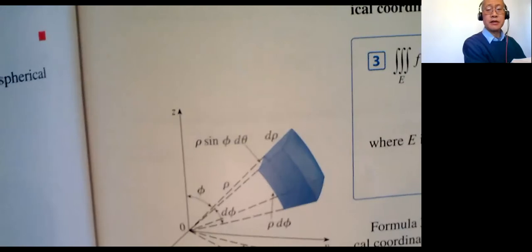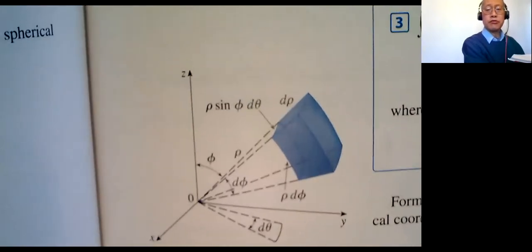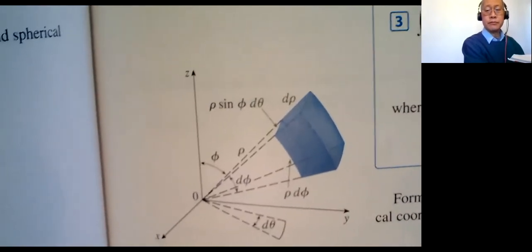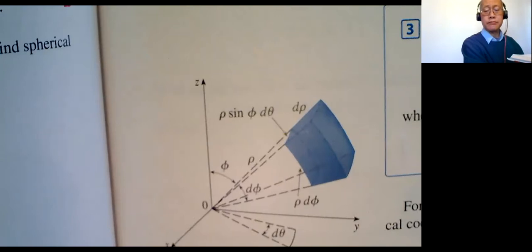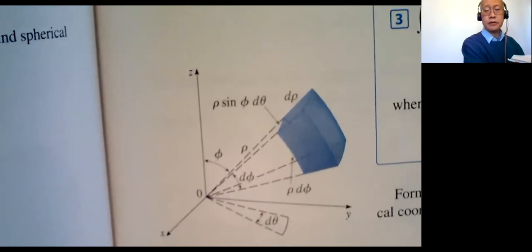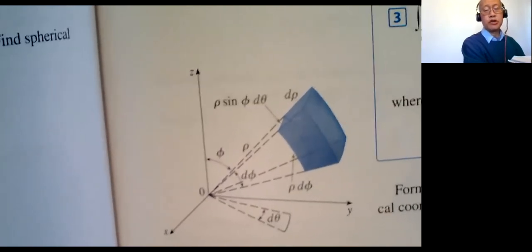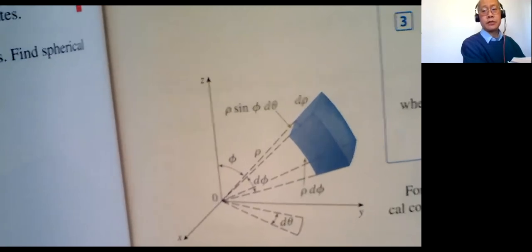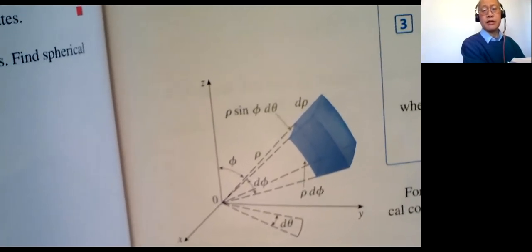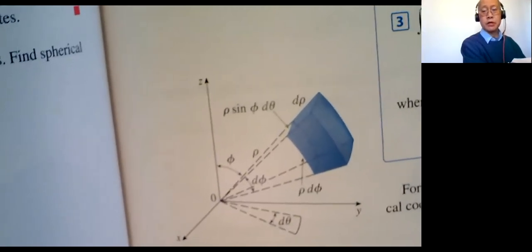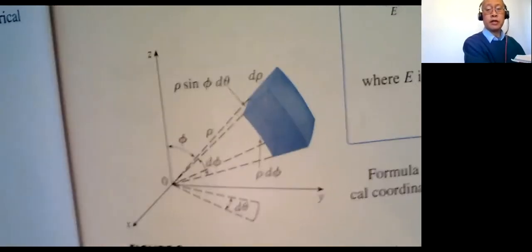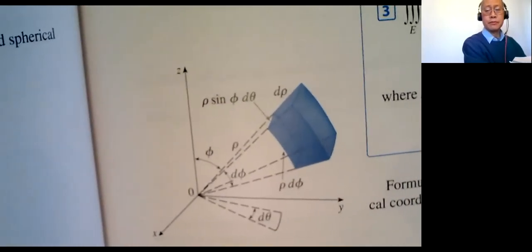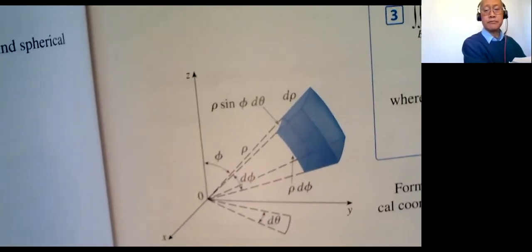That's the length there. And the other one, see where it says rho d phi? That's the third dimension. That's another arc length. So remember, we're using the formula S equals r theta. Arc length is r times theta, or d theta as the case may be. So that arrow pointing to rho d phi, that's that arc length there.